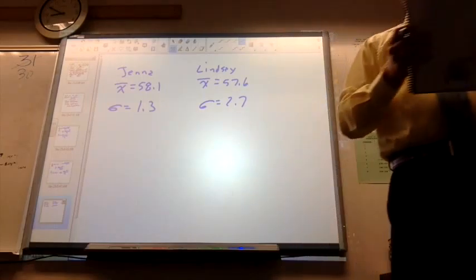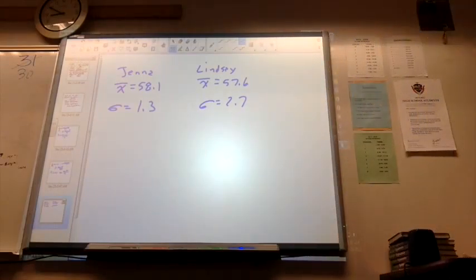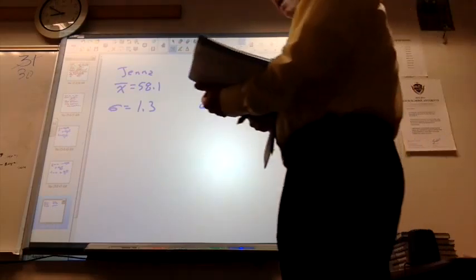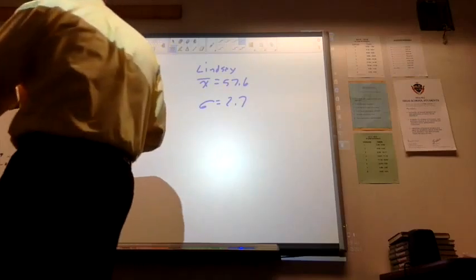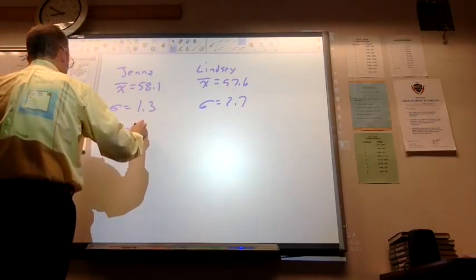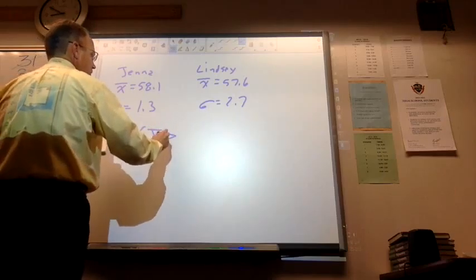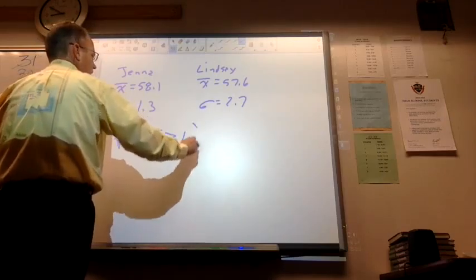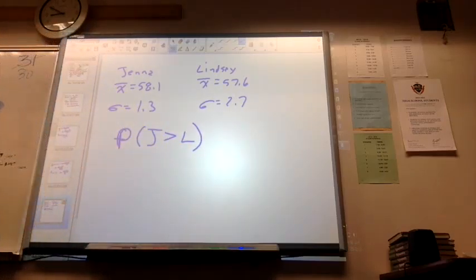So Jenna's going to be the more spot-on runner. Lindsay's going to have a little more spread out times. Okay, so we want to have that Jenna beats Lindsay. So probability that Jenna does better than Lindsay. Jenna beats Lindsay. Okay, is that going to be done right?